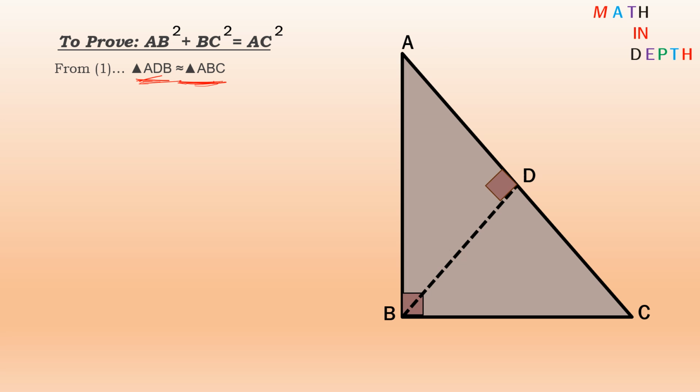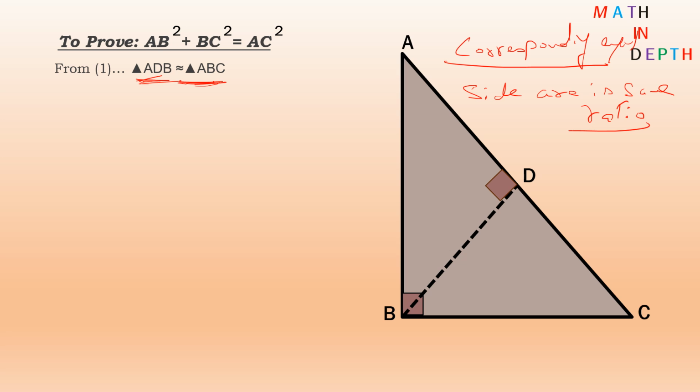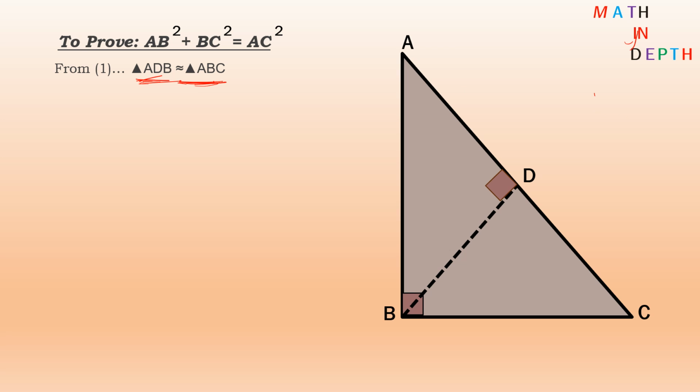If two triangles are similar, then the corresponding angles are equal, and corresponding sides are in the same ratio or same proportion. Fine, these are the two properties of similar triangles. We are going to use these two properties and try to prove that theorem.